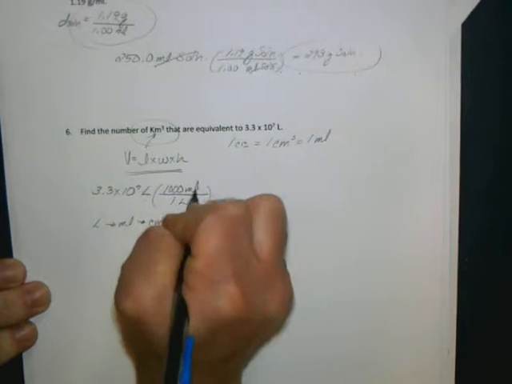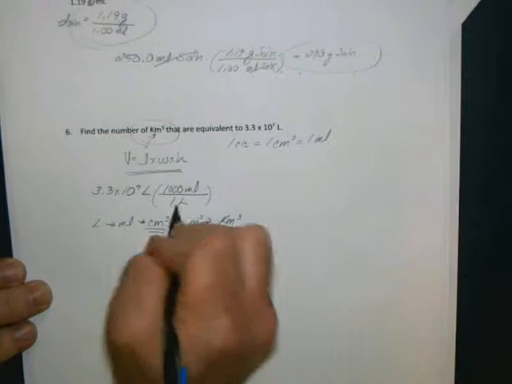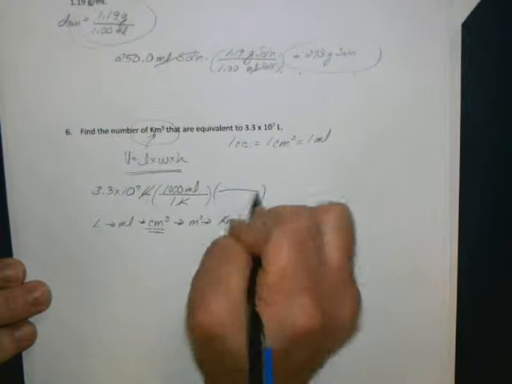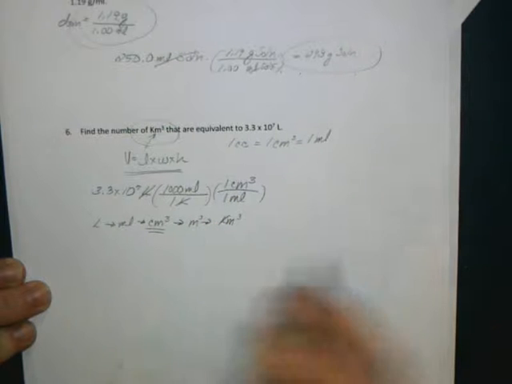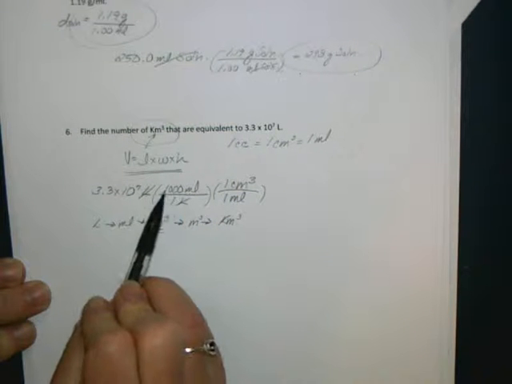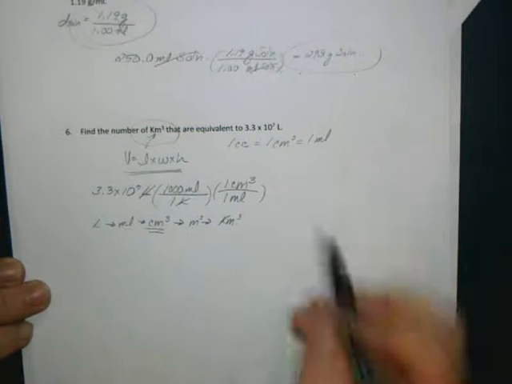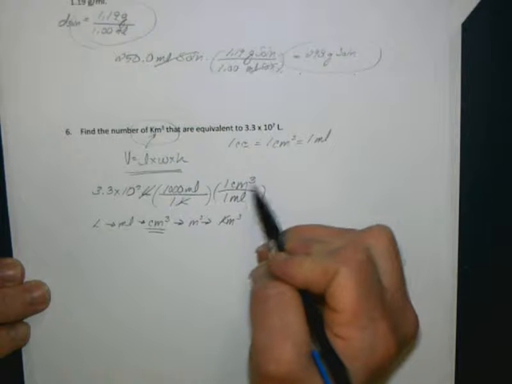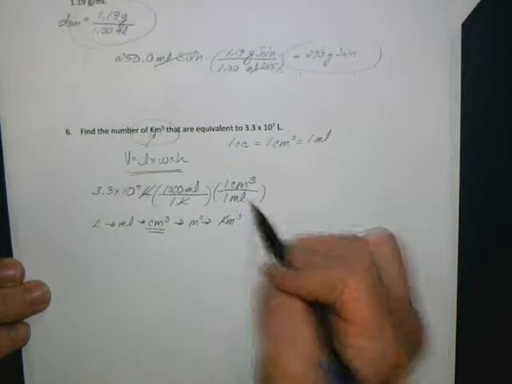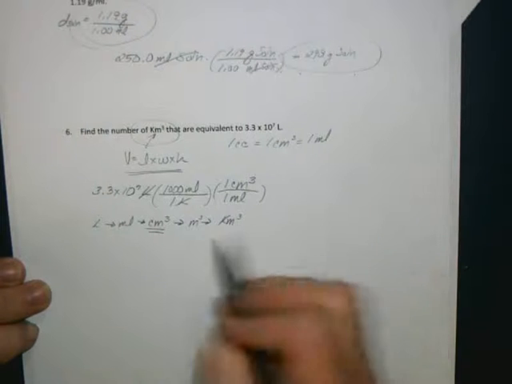By definition, does not limit our sig figs. And for every 1 milliliter, it's 1 centimeter cubed. So it would be fine if you went ahead and put 1,000 centimeters cubed here. Now, this is the way that I would write the equivalent relationship.